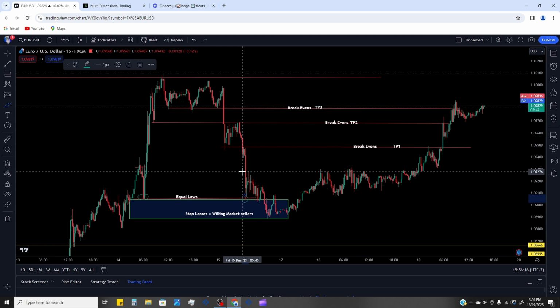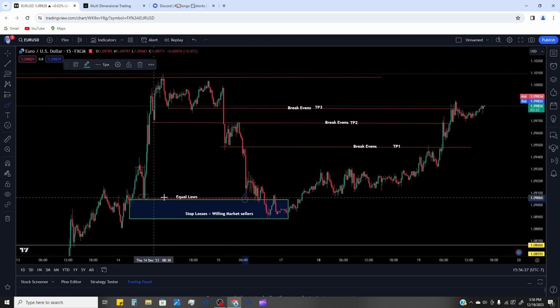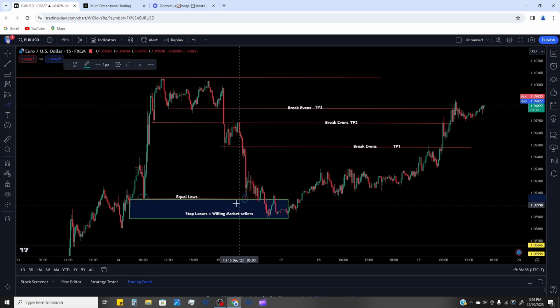There's nothing wrong with catching something that you know happens over and over. And then you also can catch the long after liquidity has been taken out. There's nothing wrong with playing both aspects of this market as long as you understand where you stand in the market and where it is and what you're looking at.